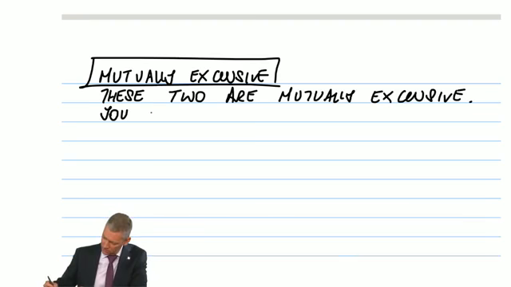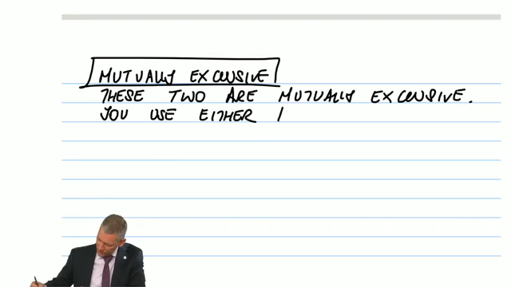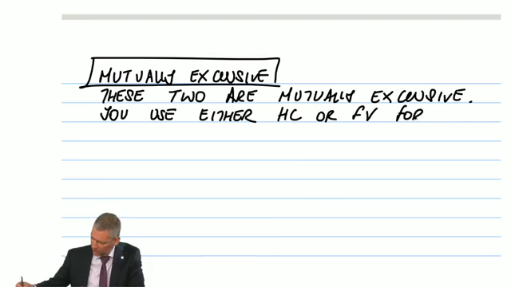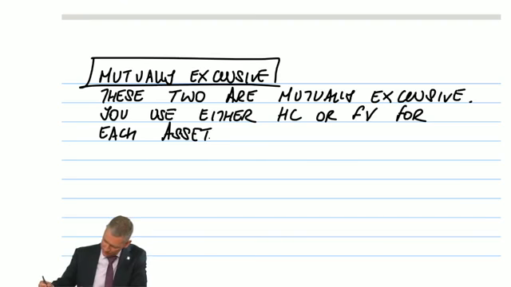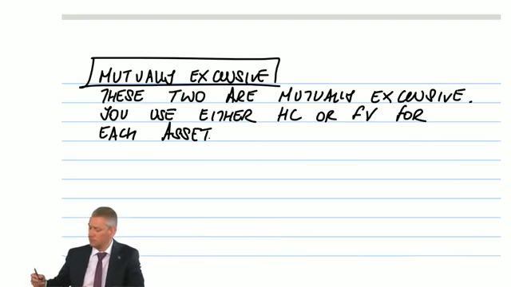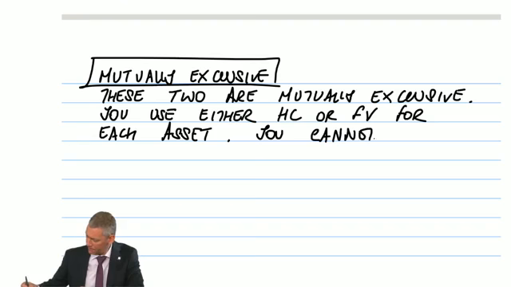You use either HC or FV for each asset. You cannot use both.